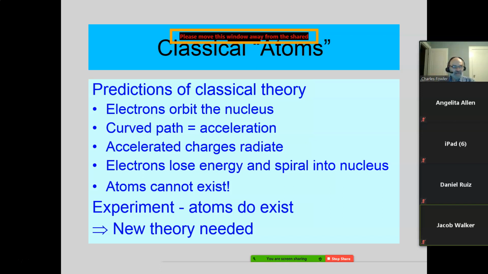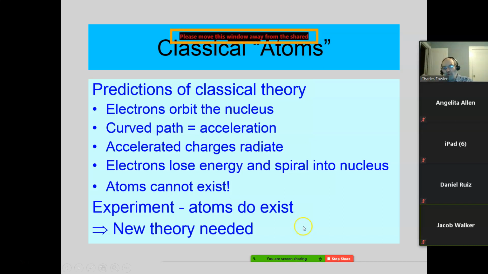It basically is leading to the case that classical atoms don't exist, the way we think of them. So, from the classical theory, we have that electrons are flying around there orbiting the nucleus. That seems to be what they do.